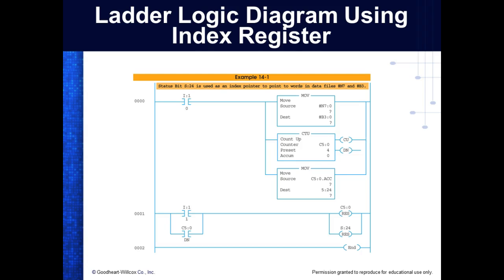Is that the way it is now, Texas? Yeah. It says that right there is the thing to show an index. No, that's not what an index is. No, this is not index address. Bit S24 is used as an index pointer to point to the words in the data file. Oh yeah, I'm sorry. This is right there. I didn't see that. The hashtag.